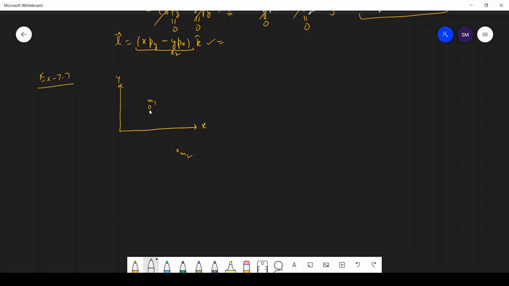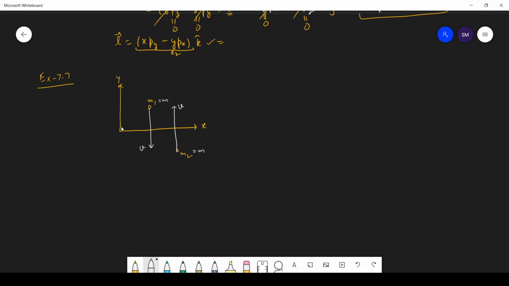They have the same masses, so m1 is also m and m2 is also m. They are moving with the same speed but in opposite directions.